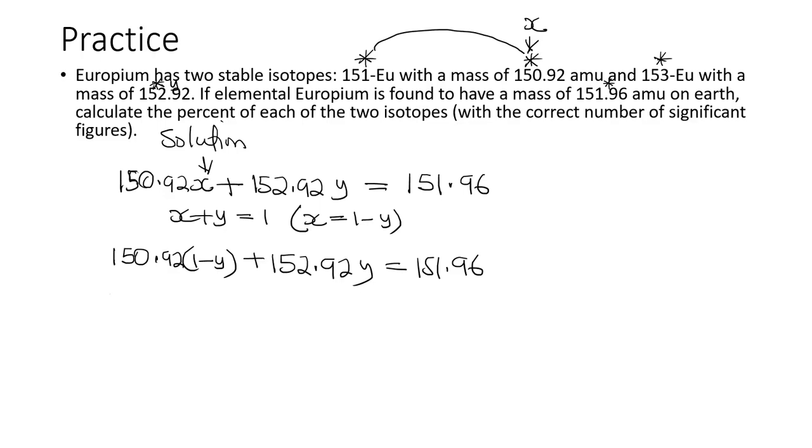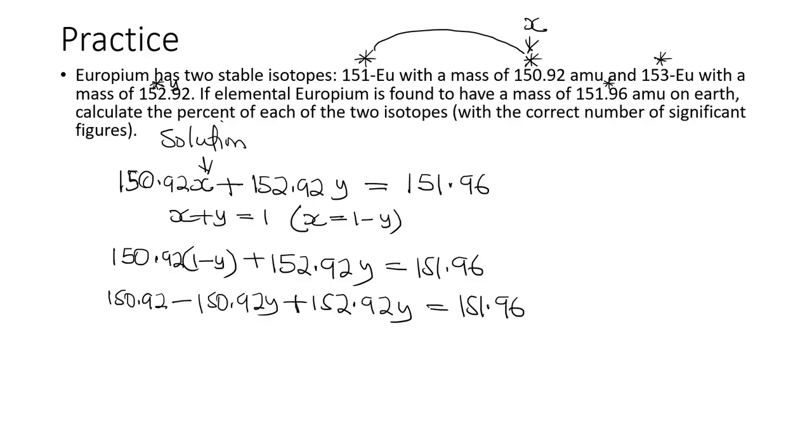So I remove the parentheses, 150.92 minus 150.92y plus 152.92y is equal to 151.96.